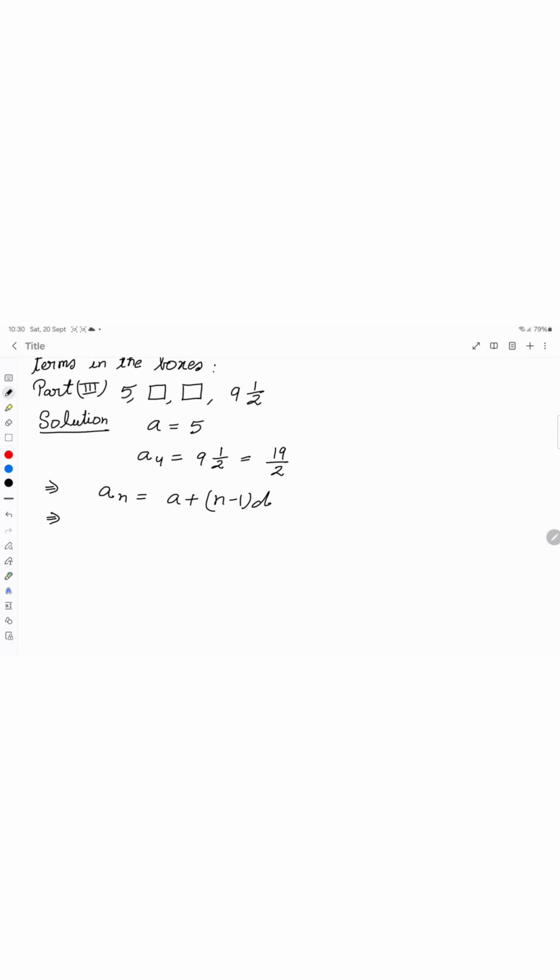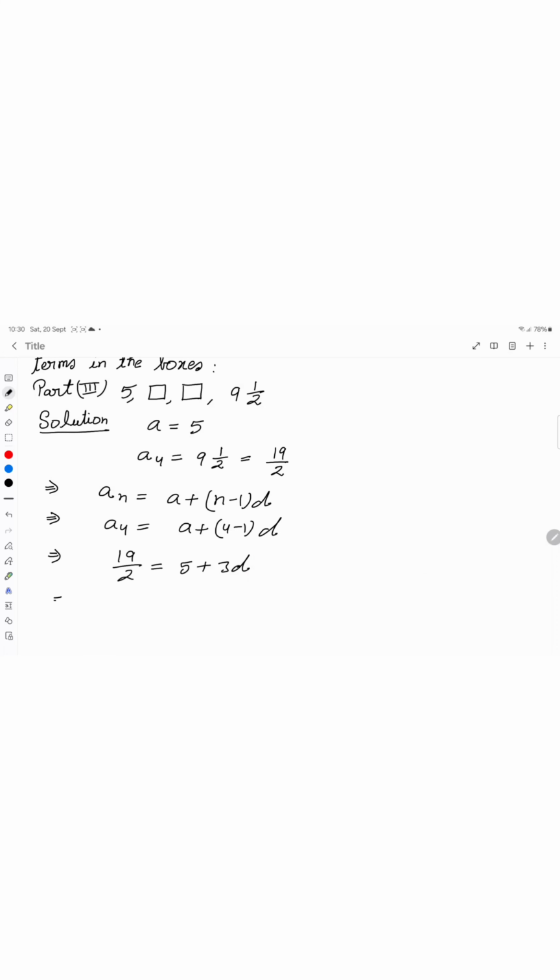With the help of this formula, find out the value of fourth term. a4 हो गया हमारा a plus 4 minus 1 d, and we have the value of a4, that is 19/2, equal to a plus 3d, and value of a is 5. So we can write down the value of a is 5 plus 4 minus 1, 3d.